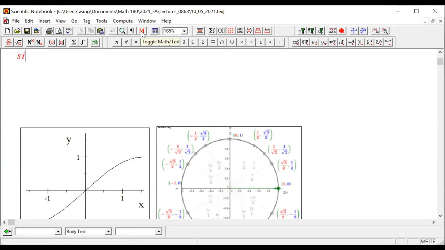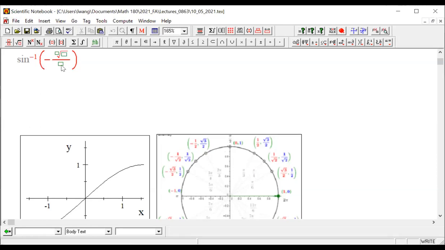There's a sine inverse of -√2/2. The answer they give me is -pi/4 and 7pi/4. And sometimes they give me even more answers.